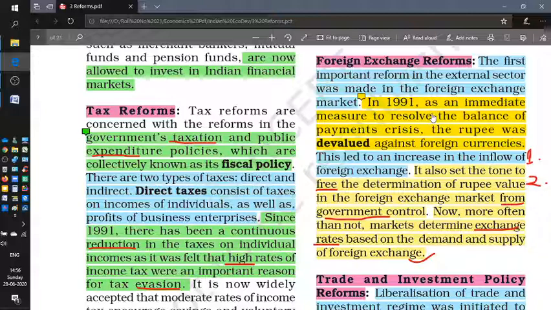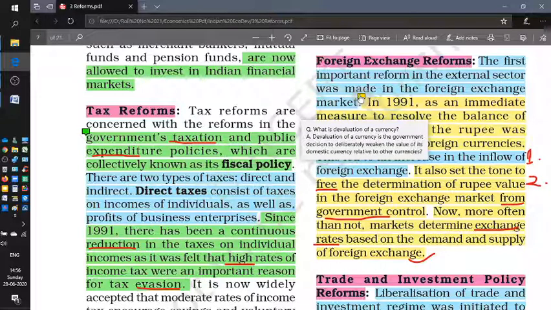That's the immediate solution that we need to find. So we have to rectify this problem of a crisis in the BOP. The first reform here in the foreign exchange market was the devaluation of the Indian rupee against foreign currency. Devaluation, devalue. What do we mean by devaluation?